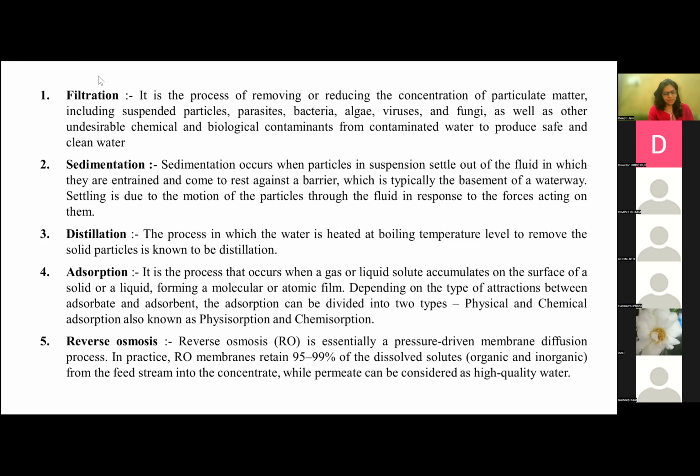When the TDS gets down, the taste of water improves, but all those minerals which are removed are essential for our body, and it is causing a lot of diseases. So doctors are avoiding this RO water nowadays.